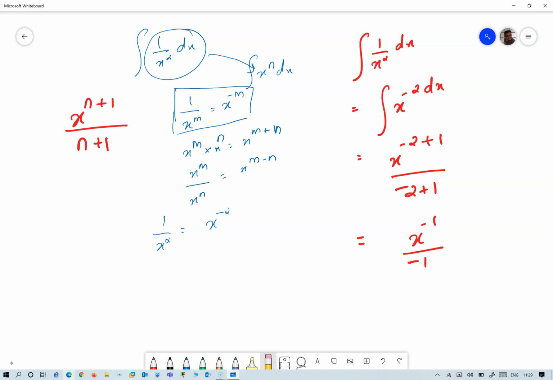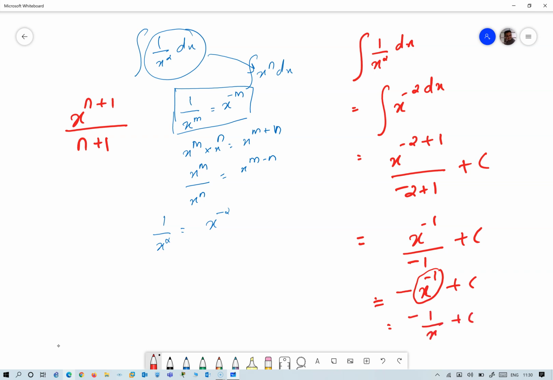So that will be minus x to the power minus 1 plus c, and x to the power minus 1 can be written as 1 over x.